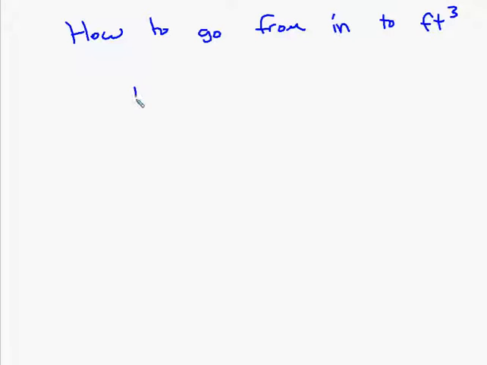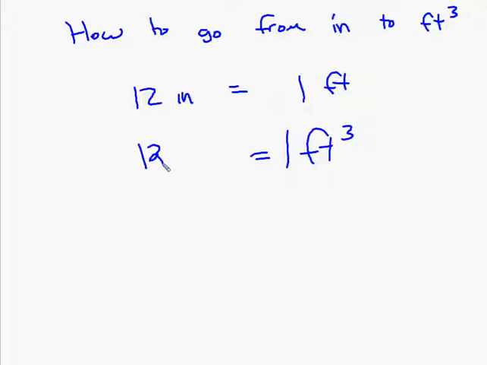Same concept. Well, 12 inches equals 1 foot. I want to know feet cubed. So what do I do with the 12 inches? Cube it. So 12 cubed is 1,728. So there are 1,728 cubic inches in 1 cubic foot.